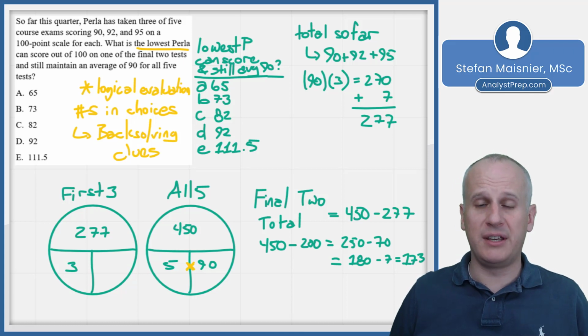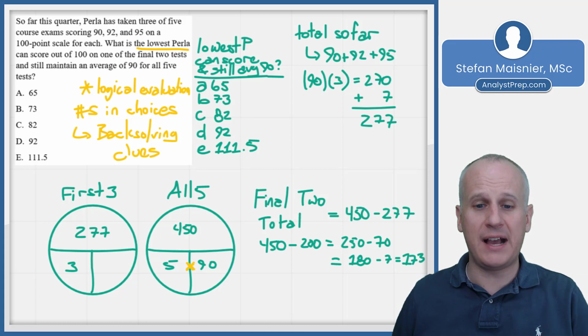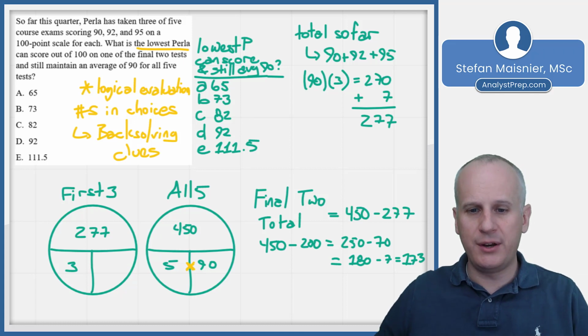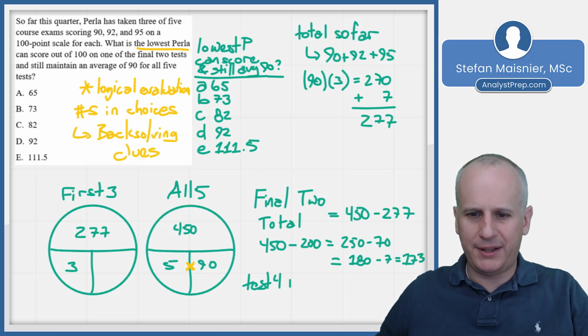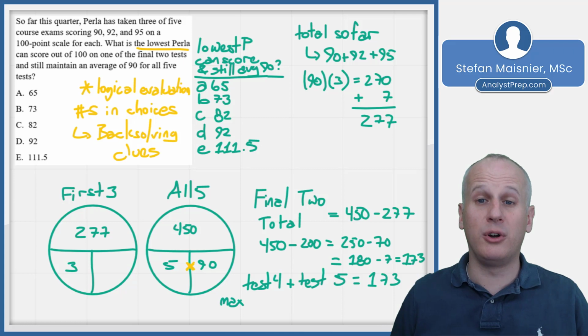So we actually want to consider what's the maximum for the other of the tests. So we know that test 4 plus test 5 has to be equal to 173. But if we max test 4, we've got to go look for what the max is.